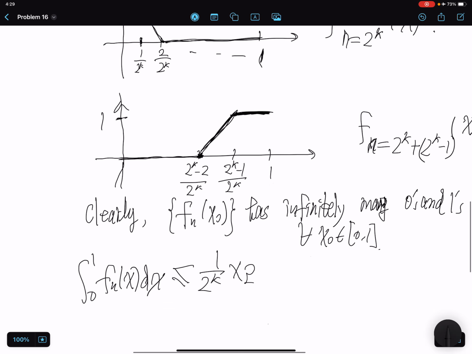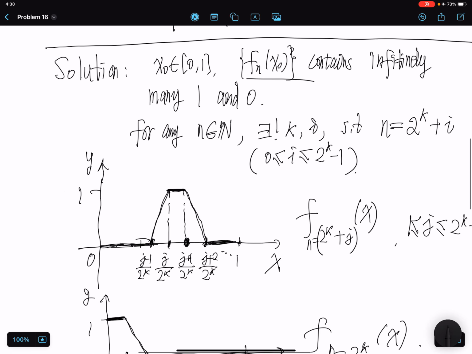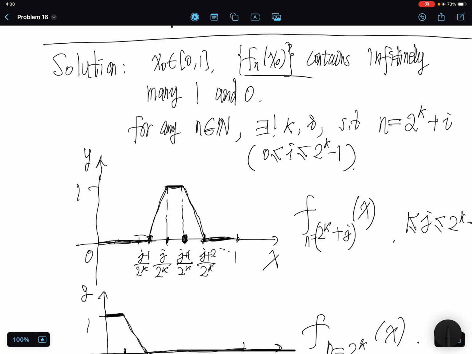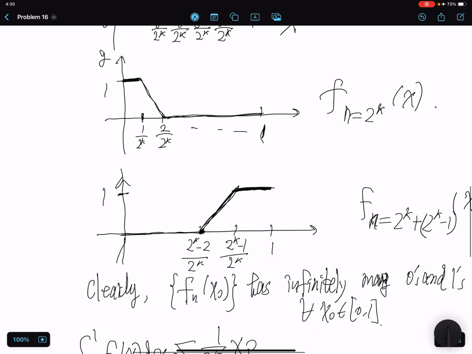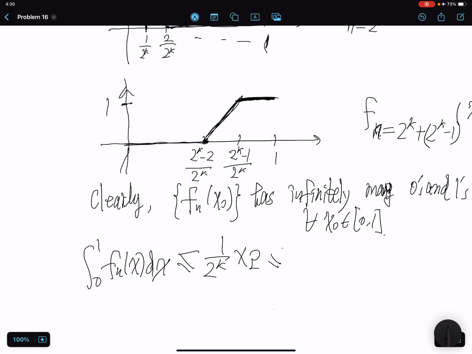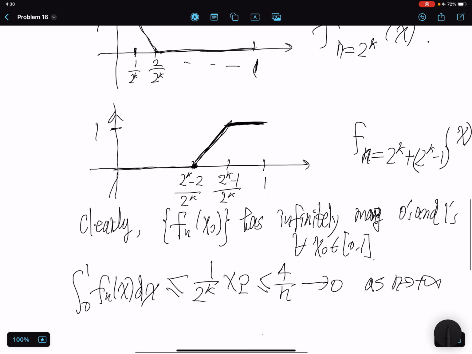Any n can be written in this format, so n is bigger than 2 to the k, and so the integral is at most, giving more room, 4 over n. This goes to 0 as n goes to infinity. So yes, that's it. We have constructed such f sub n.